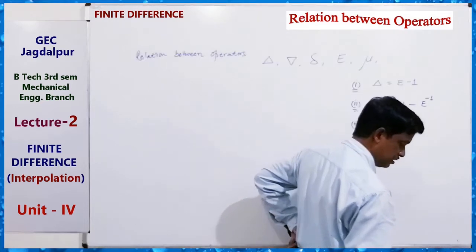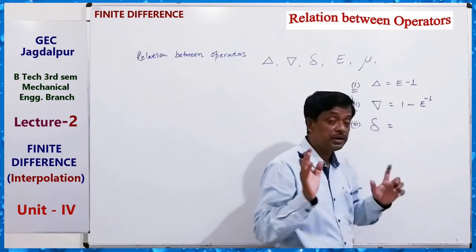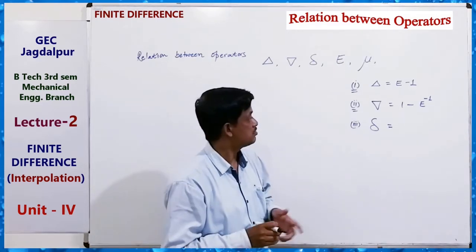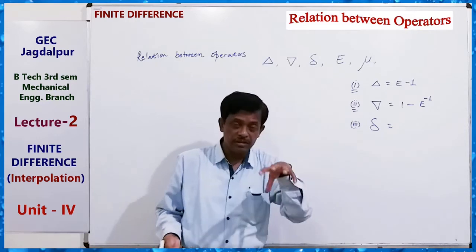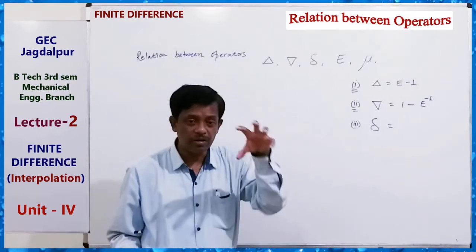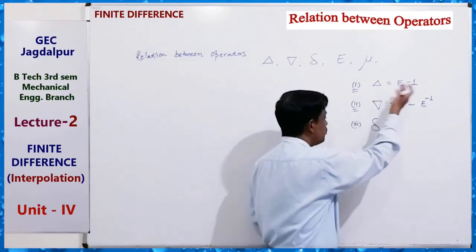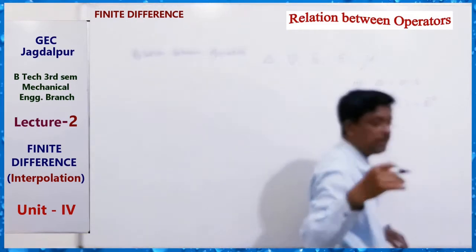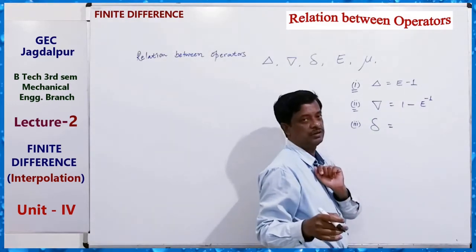Third, central del. Remember these are operators, not values; they have no value themselves, these operators are applied on a function. Clear? So this operator is equivalent to this, these are equivalent relations.